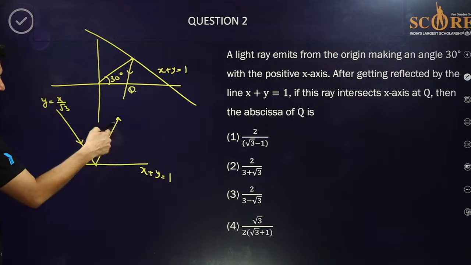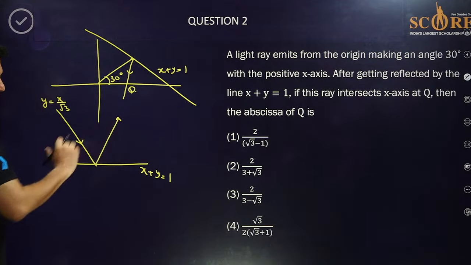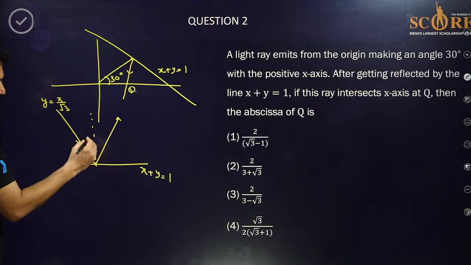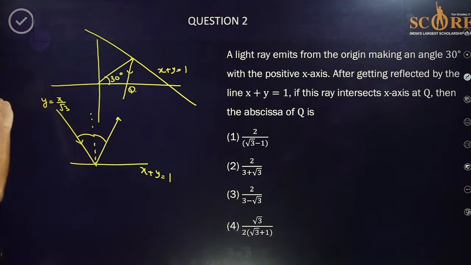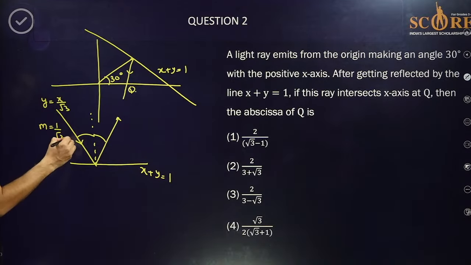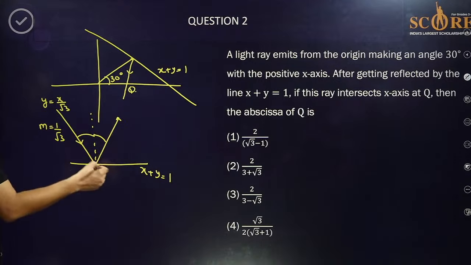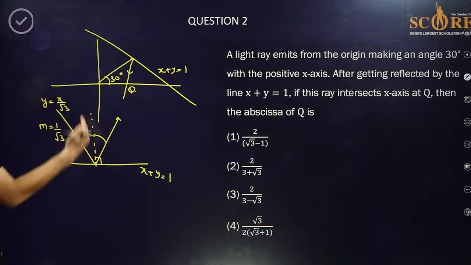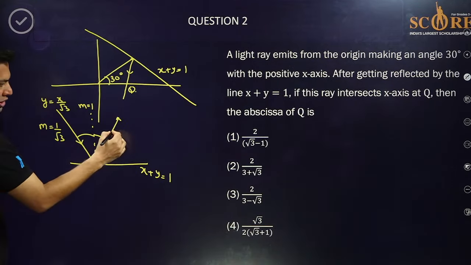You need to find the equation of this line. It's very simple. These two angles are equal. The slope of this line is 1 by root 3, and this is the normal, at 90 degree, so its slope is minus 1, and you need to find the slope of the reflected line.